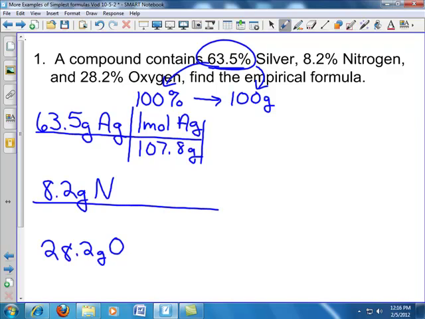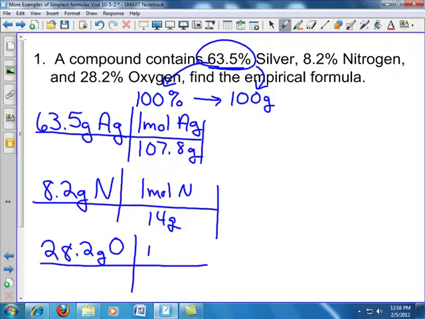The molar mass of nitrogen is 14 grams. And the molar mass of oxygen is 16 grams. We're putting 1 mole on top over the actual mass, and what that does for us is cancel all of our grams. So now we do this second step and actually do the calculation.